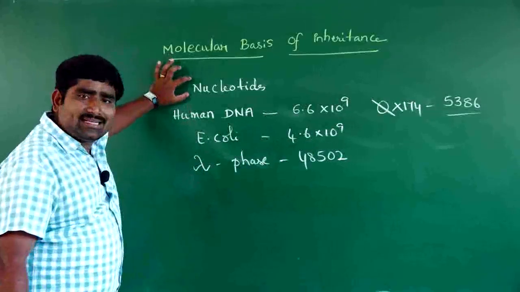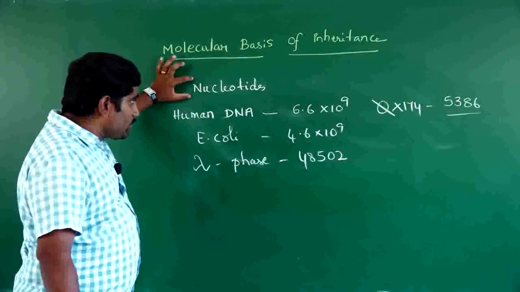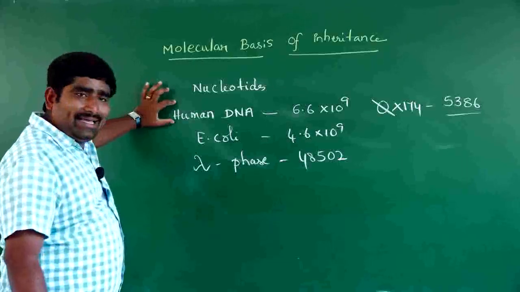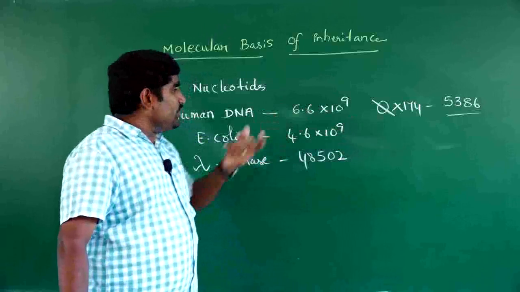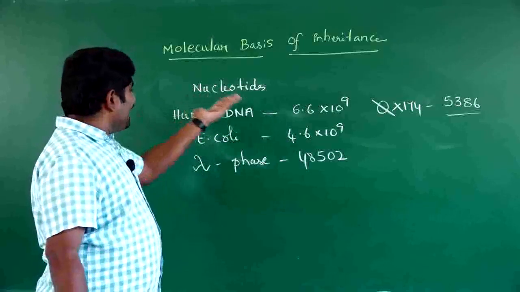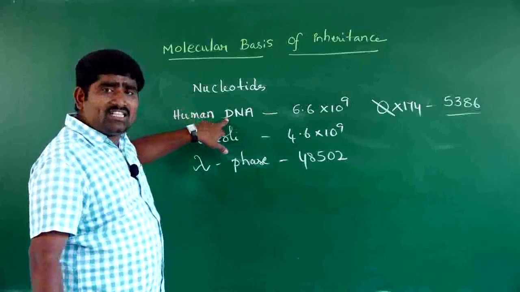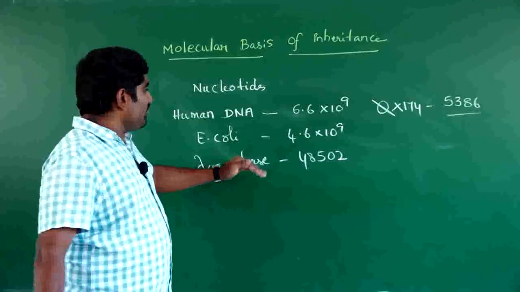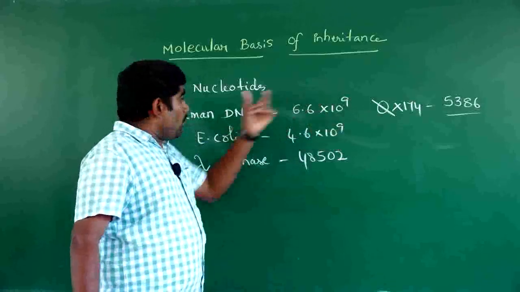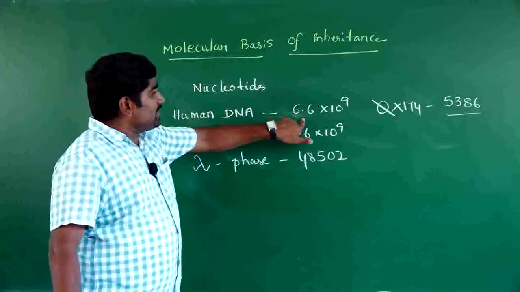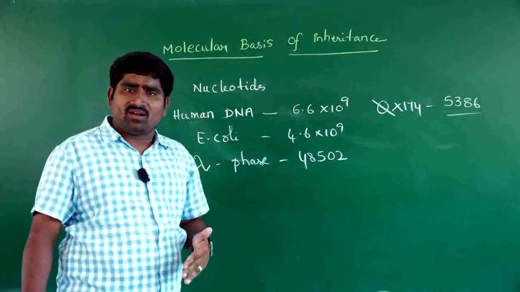So nucleotides are the monomers of the polynucleotide strand. Human DNA is made up of 6.6 x 10^9 nucleotides. The genome is half of the DNA, or half of the chromosome number of any organism.